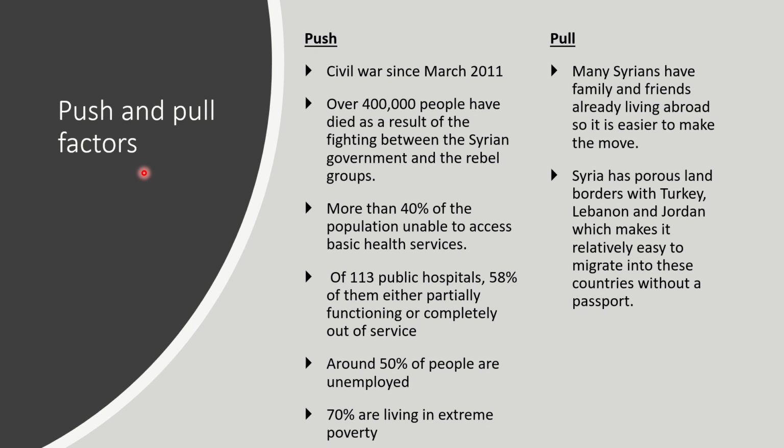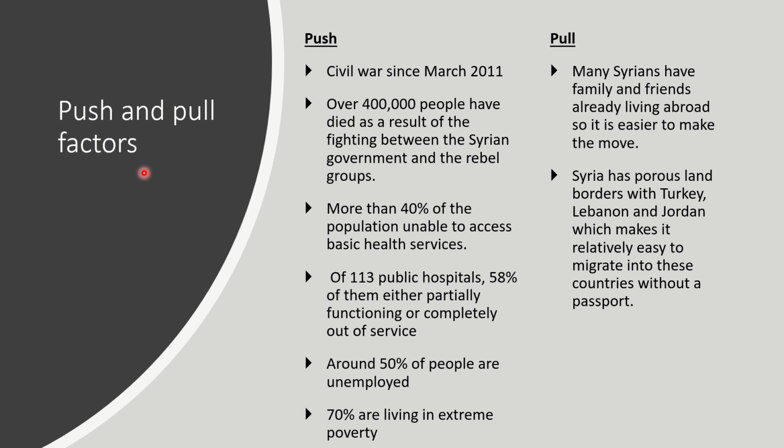There are other pull factors, but those tend to be less relevant to this case study. For example, you might find that some countries are open to people who have an ethnicity, religious background, or sexual orientation that isn't acceptable in their home country. And that would be a pull factor to draw those people to that country.